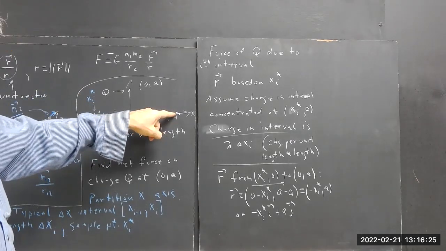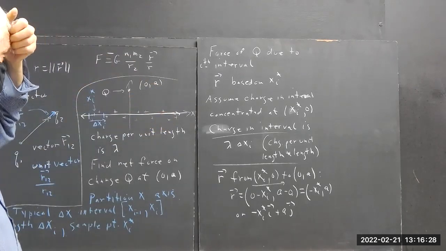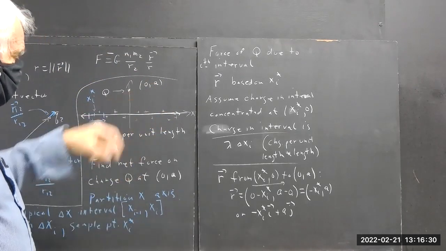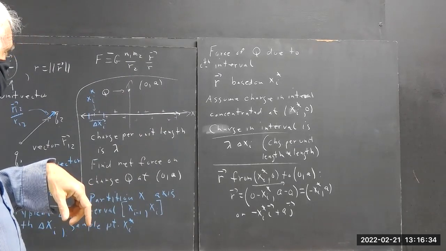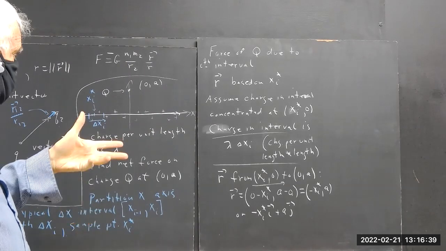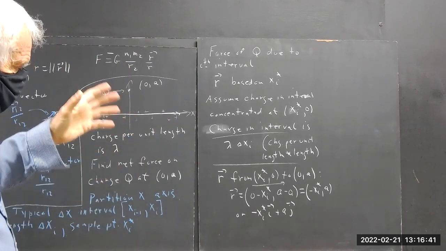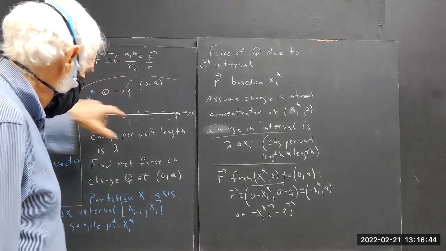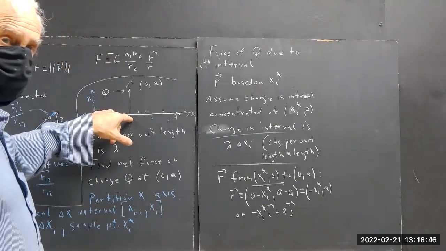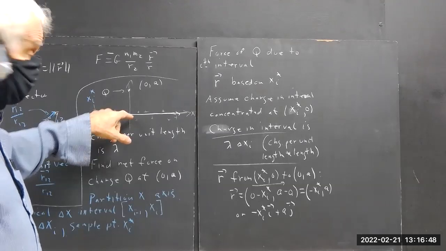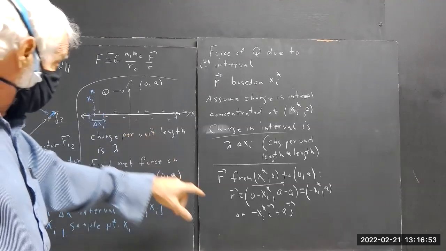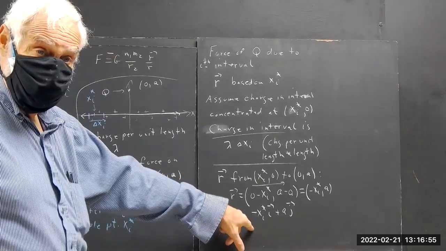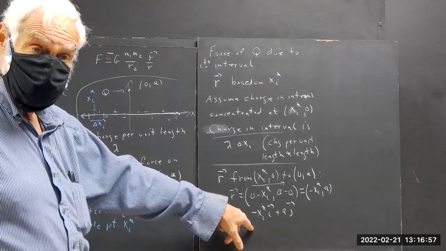Now, if I'd pictured it over here as positive, then I'd have had to do it differently. This displacement is positive, right? And xi star is negative, so the distance is not xi star. Distance is negative xi star, which is a positive distance, right?